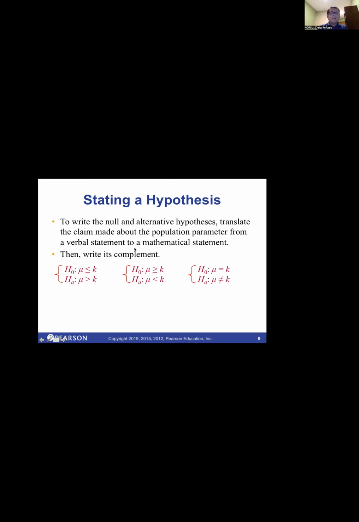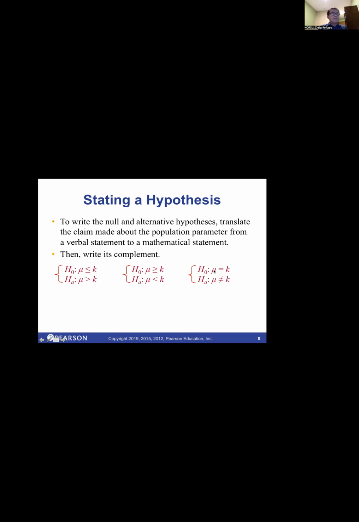Or it can be H0: mu is greater than or equal to K, and HA: mu is less than K. This is another possibility. Then another pair: H0: mu is equal to K, and HA: mu is not equal to K. Here H0 is the null hypothesis and HA is the alternative hypothesis.